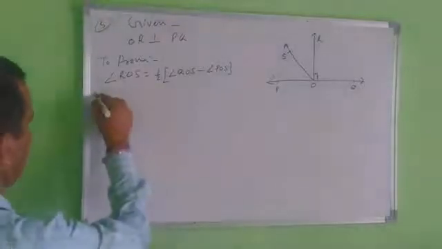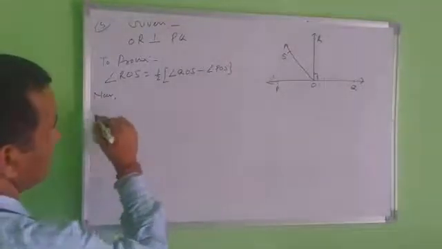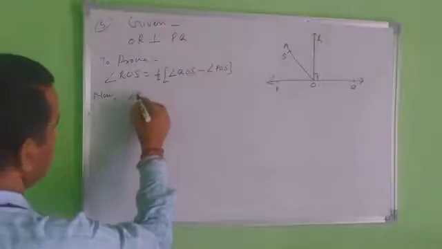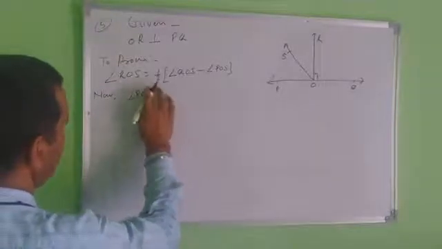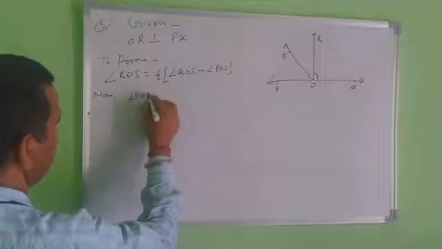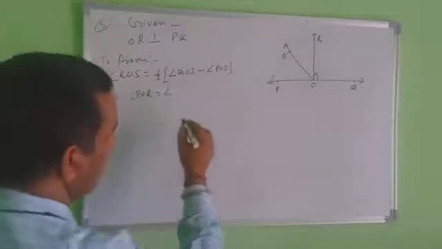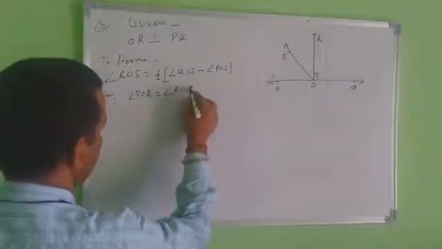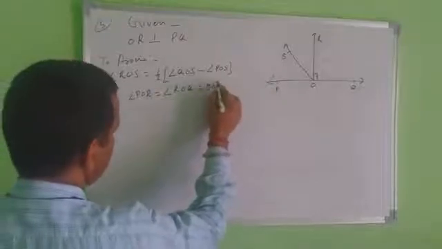Now, what things are given here? Angle POR equals angle ROQ equals 90 degrees. This is given.